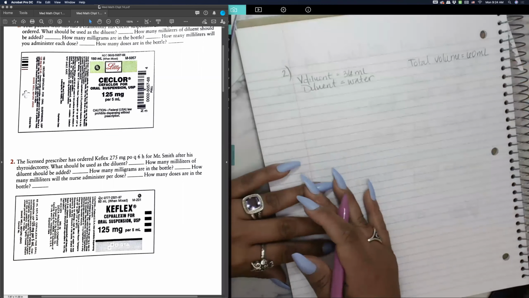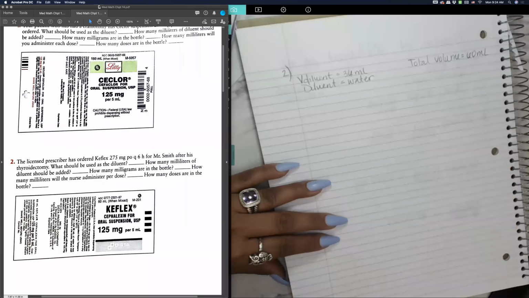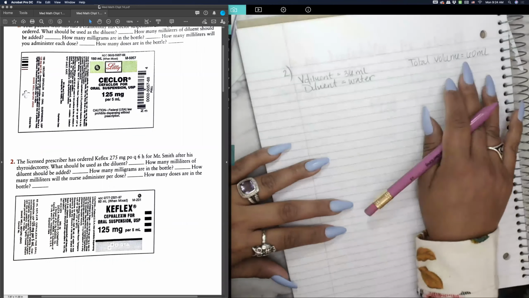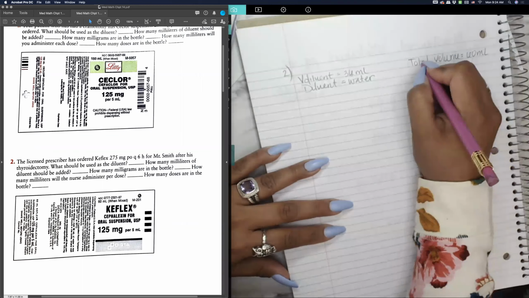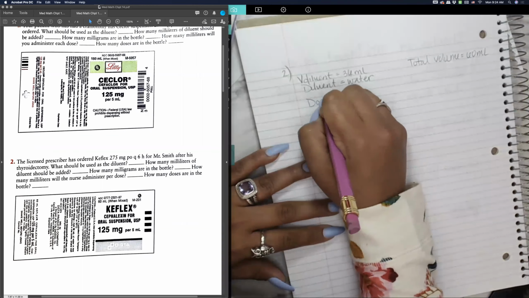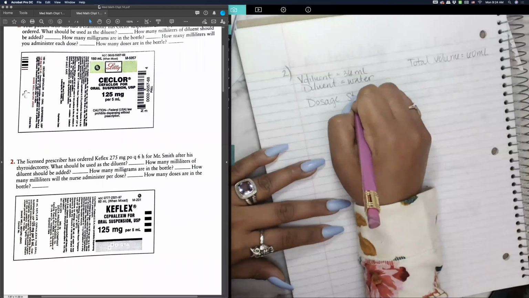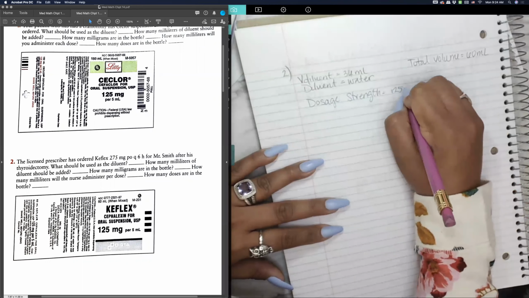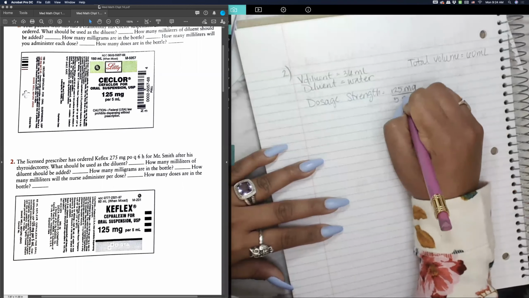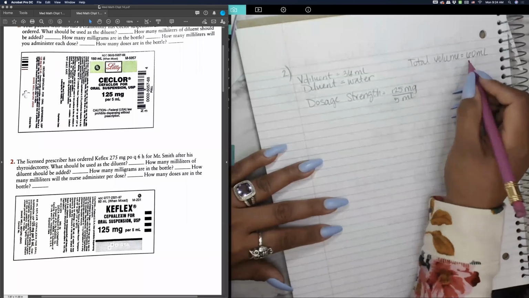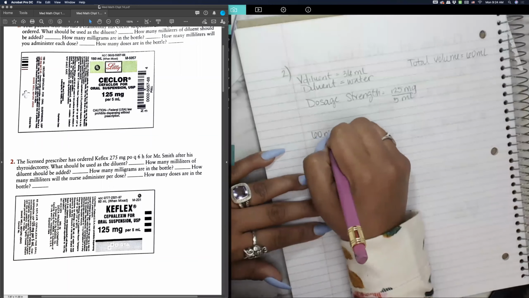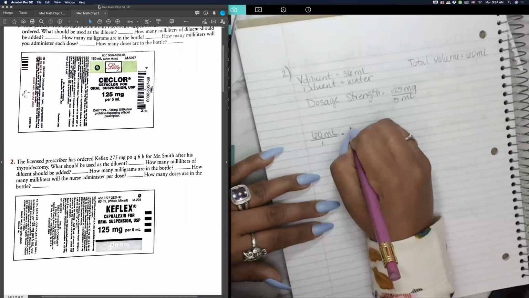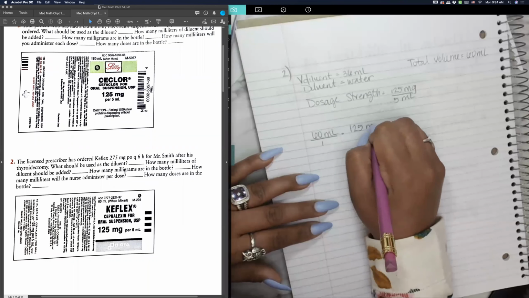They're going to ask how many milligrams are available in the bottle, so we take our total volume and multiply it by our dosage strength, 125 milligrams per 5 milliliters. I take my total volume, 60 milliliters, and multiply it by my dosage strength, so I cancel the milliliters.